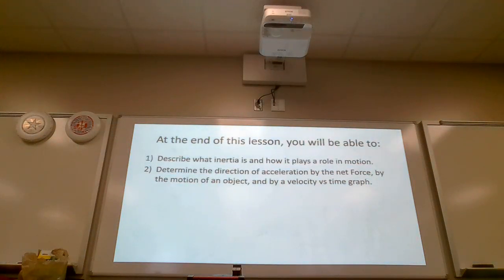Okay, so Newton's first law says an object at rest will stay at rest, an object in motion will stay in motion. We do not have a problem with objects at rest staying at rest. Like if I look at this table, it's at rest. I expect it to stay at rest. It would be really weird if that all of a sudden moved.